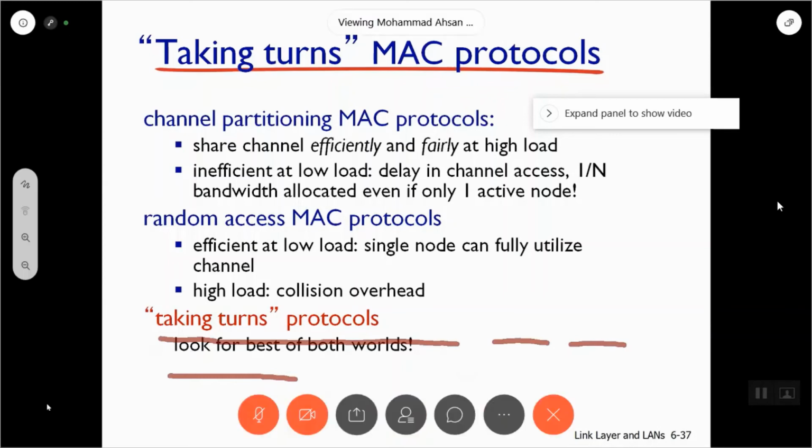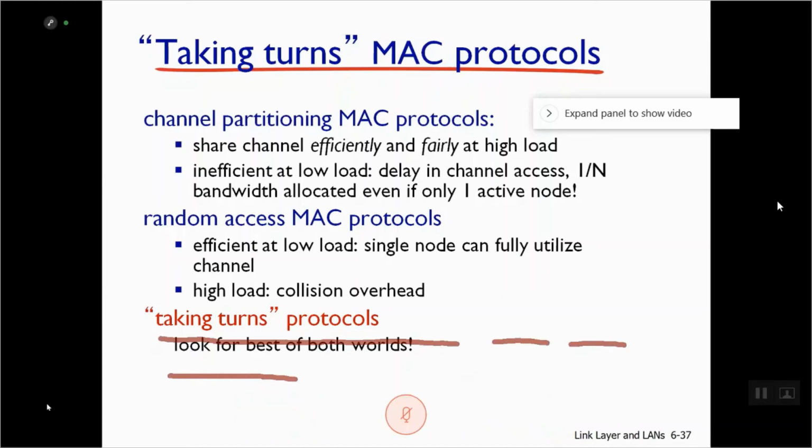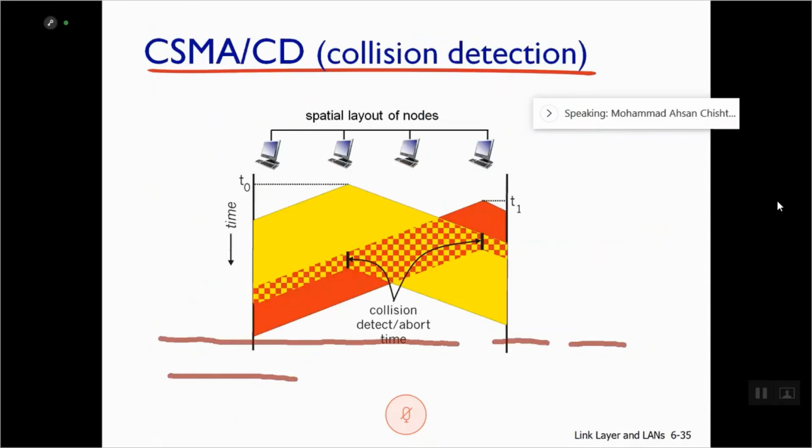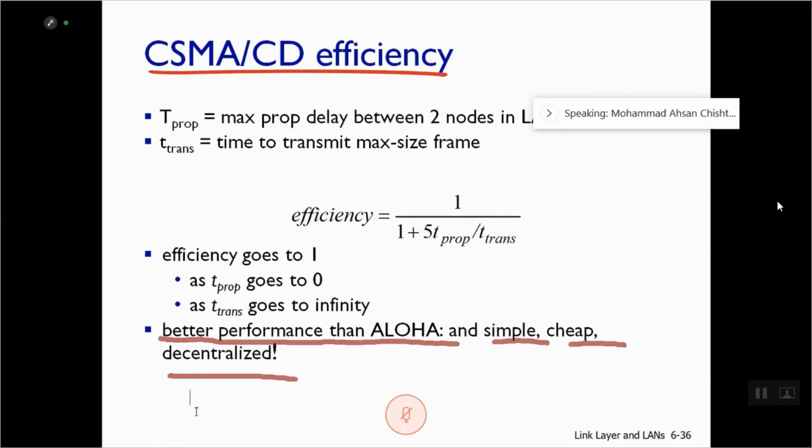Also, in addition to this, I will write here persistent methods. And what are these persistent methods?